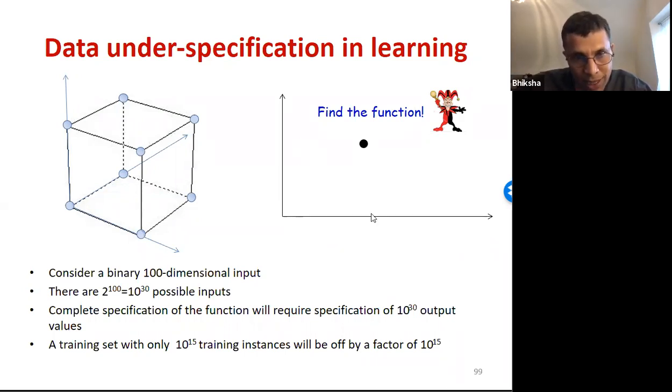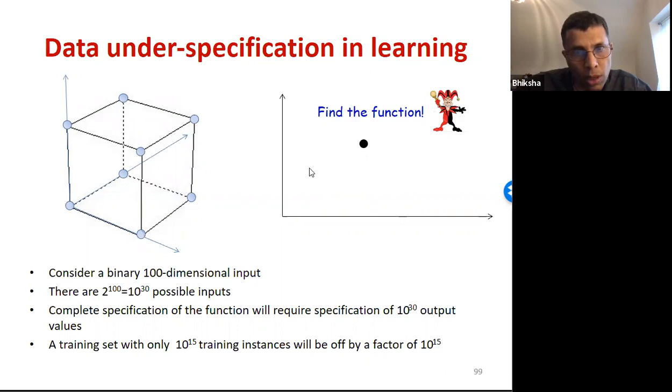So in effect, I'm asking you to find an entire function, but I'm giving you only 1 point to do so. And say, okay, here's this point, find me the function. And you can see that this is really absurd, right? And this doesn't even begin to make sense.